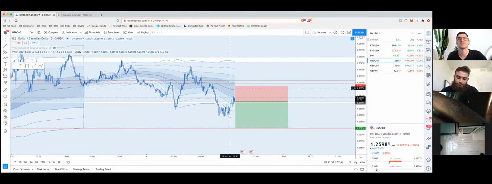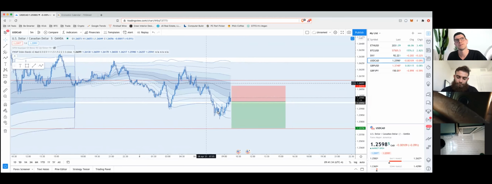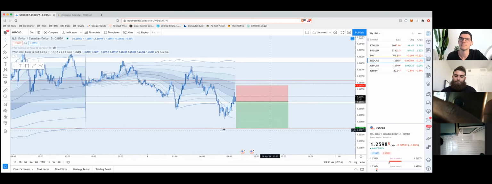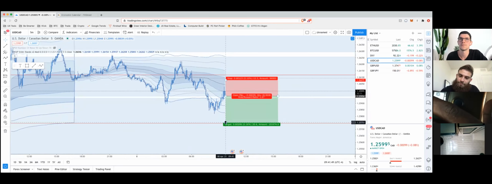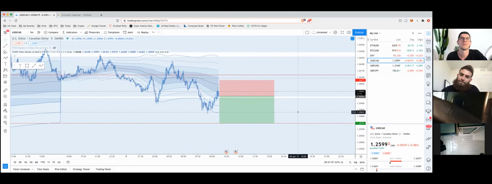There's a lot of confluence in this area, especially if we're going to say the trend is establishing below the VWAP. Can we get a rejection here? We can confidently place our stops just above the VWAP. And again, our first target is going to be this composite point of control because price is probably going to react there. For sure.